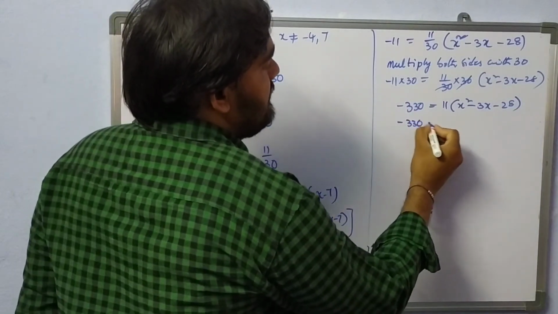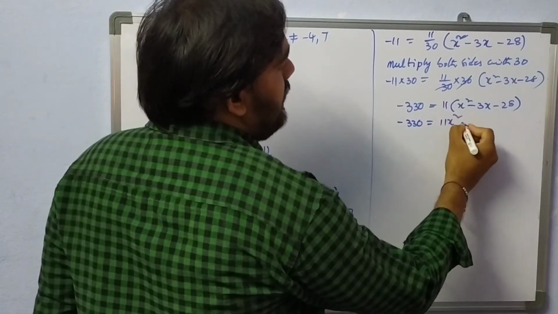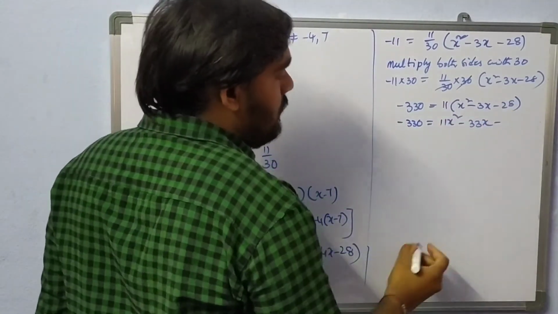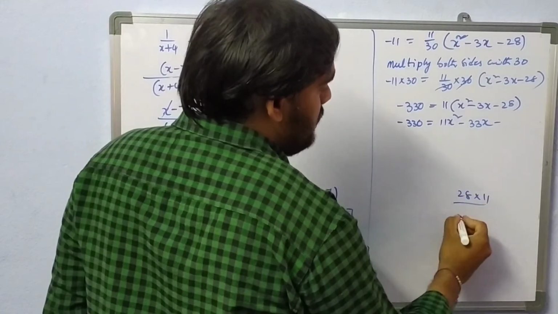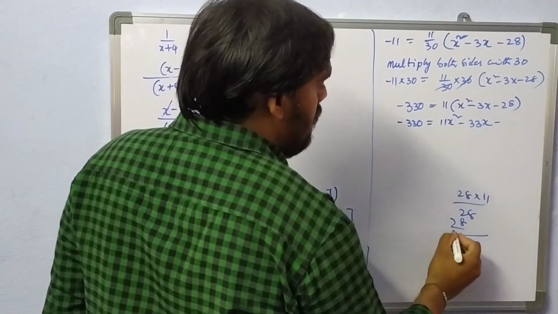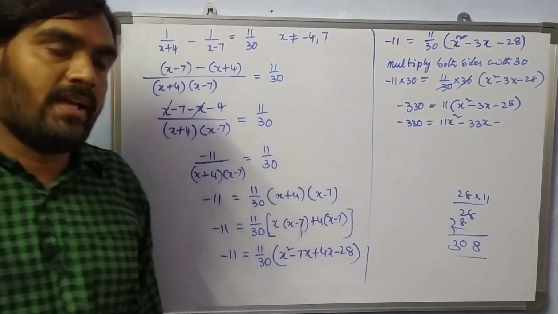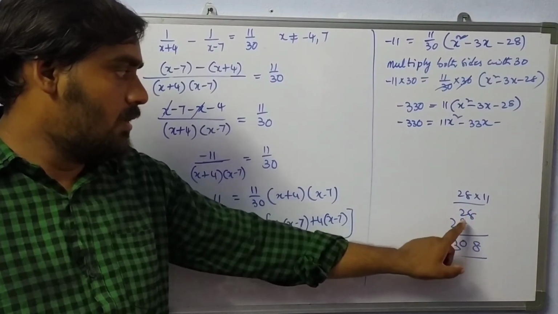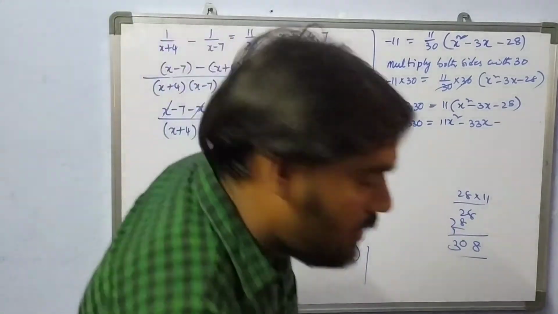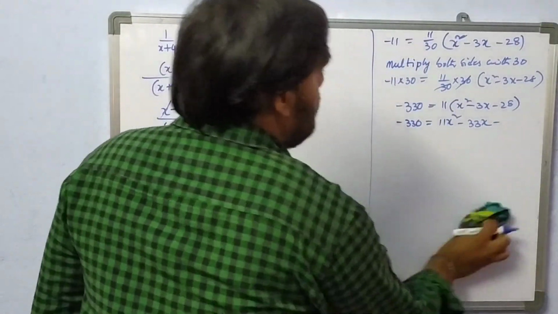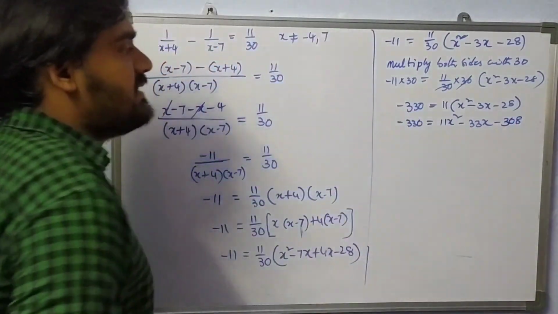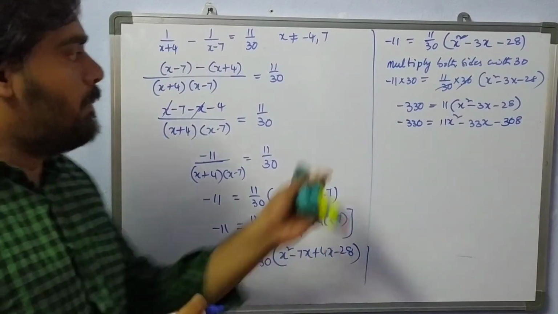Minus 330 is equal to 11x square minus 33x minus 28 into 11. 28 into 11, so here its value is 308. Now 308 we will get minus 308. See this minus 330, after is equal to, plus 330.